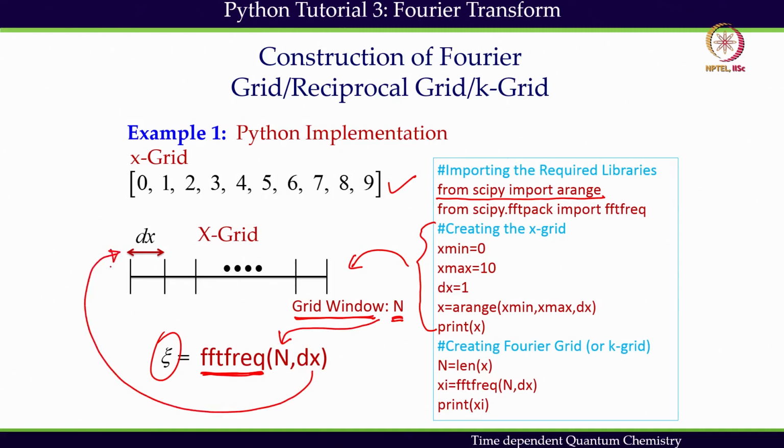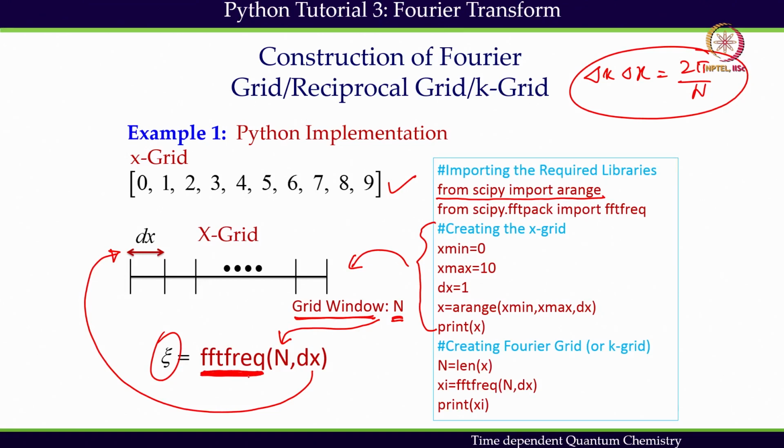It requires delta x information because it will automatically take care of the entire algorithm for us to maintain the delta k delta x equals 2 pi by n restriction in the Fourier transform of the grid. We do not need to worry about anything, we have to use this FFTFREQ. So for FFTFREQ I need two inputs.